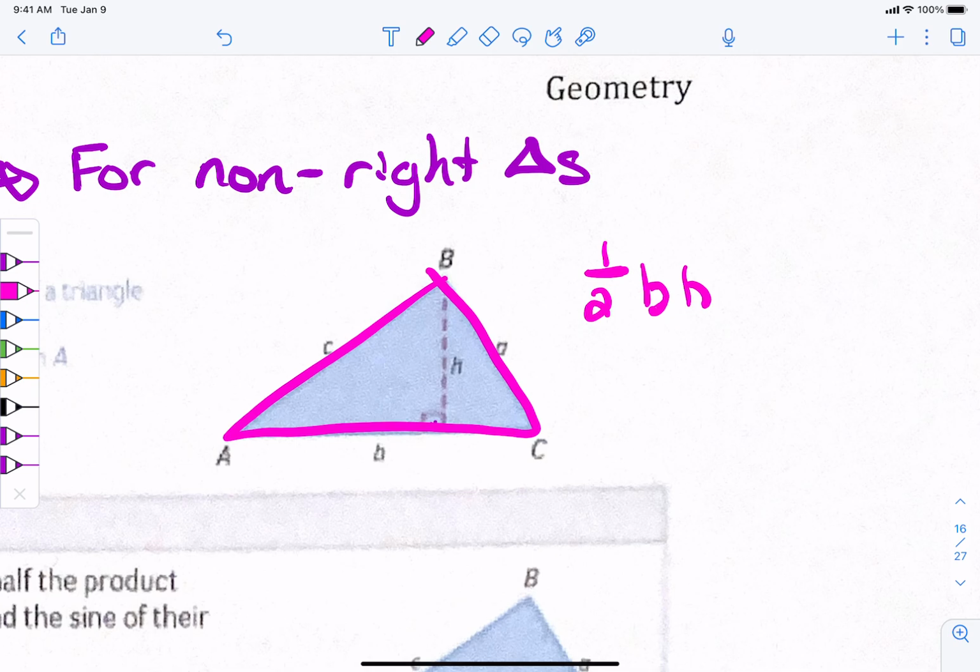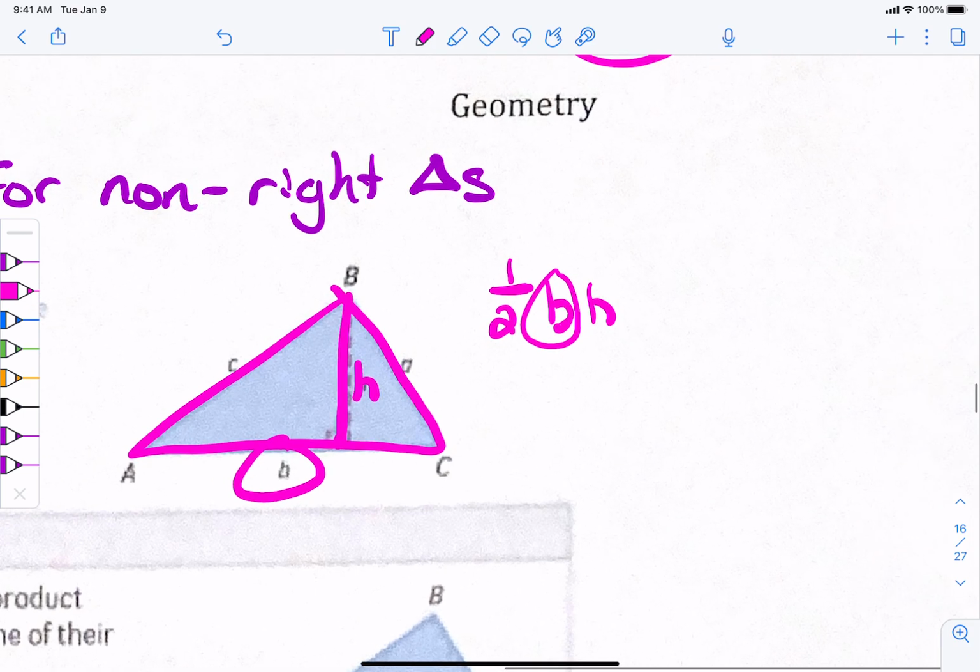What is the base labeled? The base is labeled B. It's already labeled B, so we keep it as B. The height is this one here, but I don't usually know what the height is. They won't usually give me that height. So let's talk about what H is.